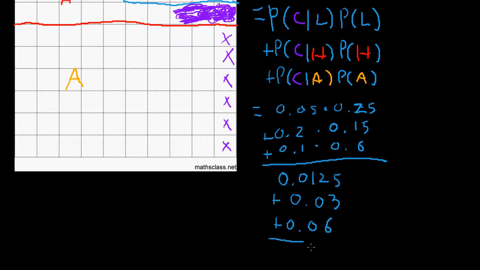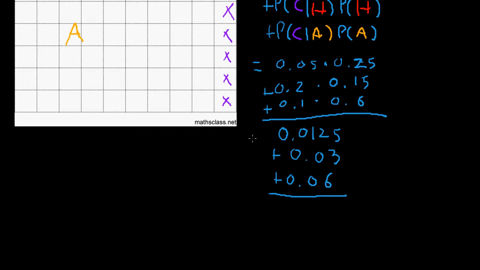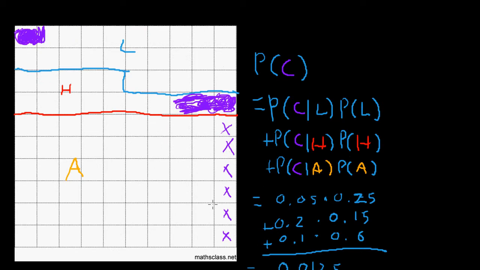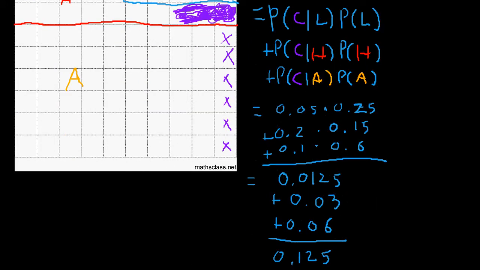So what do we end up with? We end up with 0.1025, so about a 10% chance that they got into an accident, which is pretty close to the average group's probability because there are so many more people in that group than the low and the high group. And that's it.